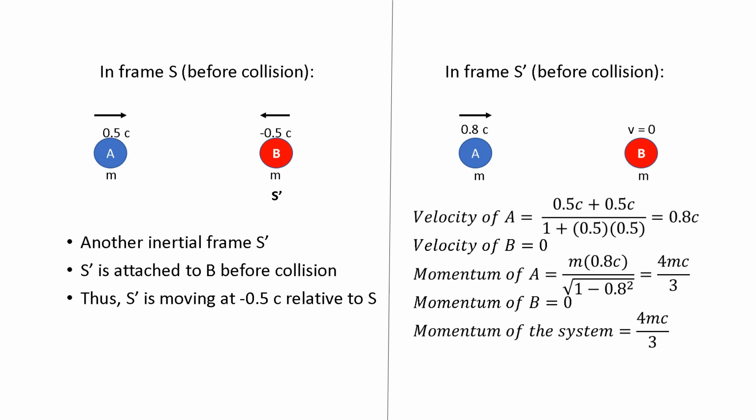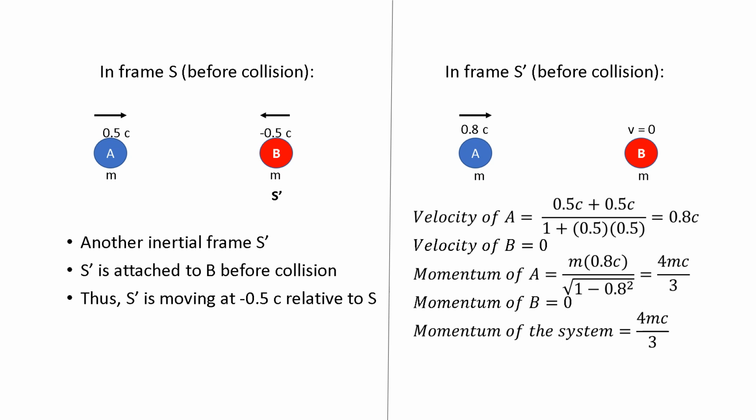We calculate this using velocity addition formula because in frame S, S prime is moving at negative 0.5 c and A is moving at positive 0.5 c. And if we use the velocity addition formula, then we calculate that the velocity of A in frame S prime is 0.8 c.